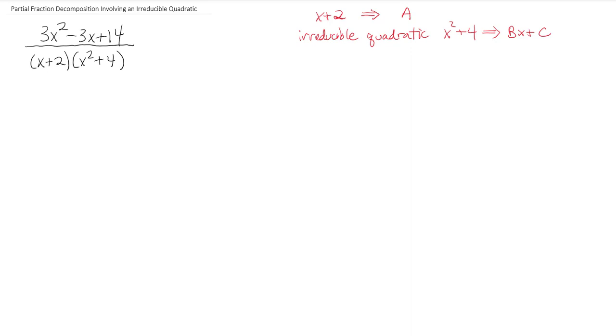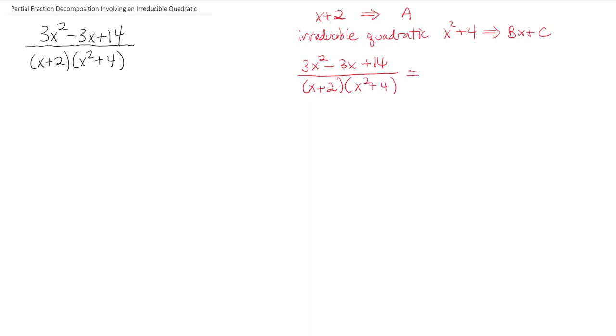So let's illustrate that now. Let's write our rational function, 3x squared minus 3x plus 14, over a linear factor times an irreducible quadratic.